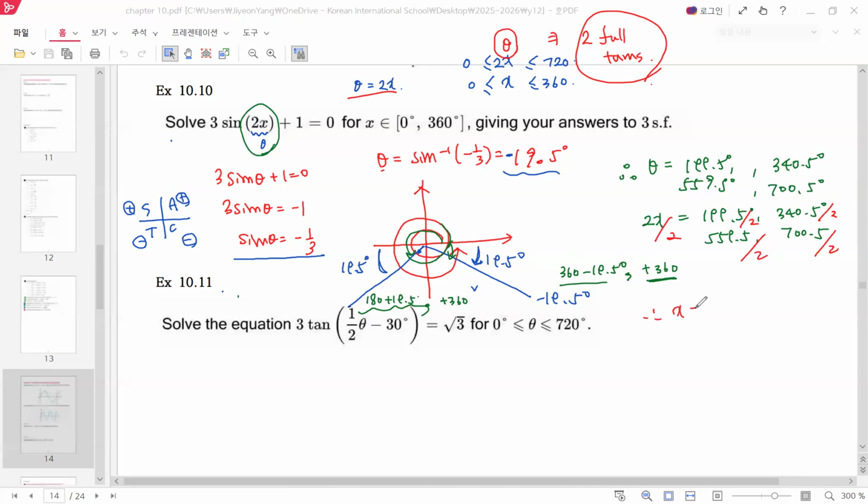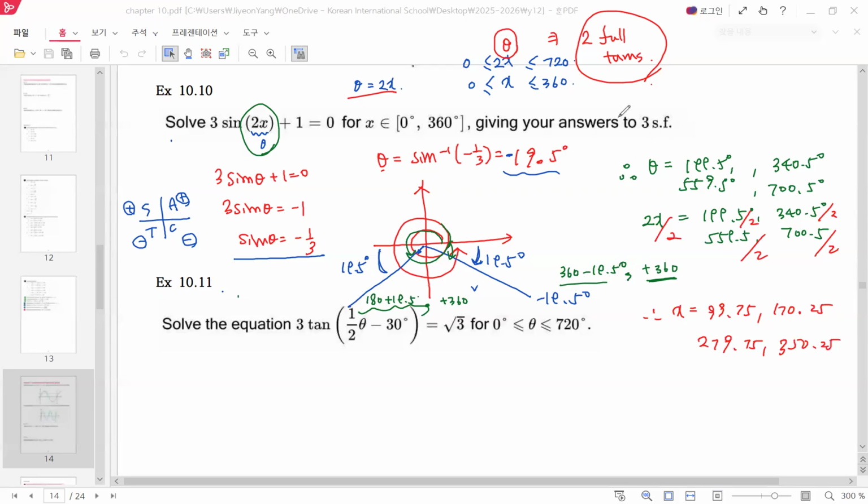Therefore, x should be 99.75, 170.25, 279.75, 350.25.